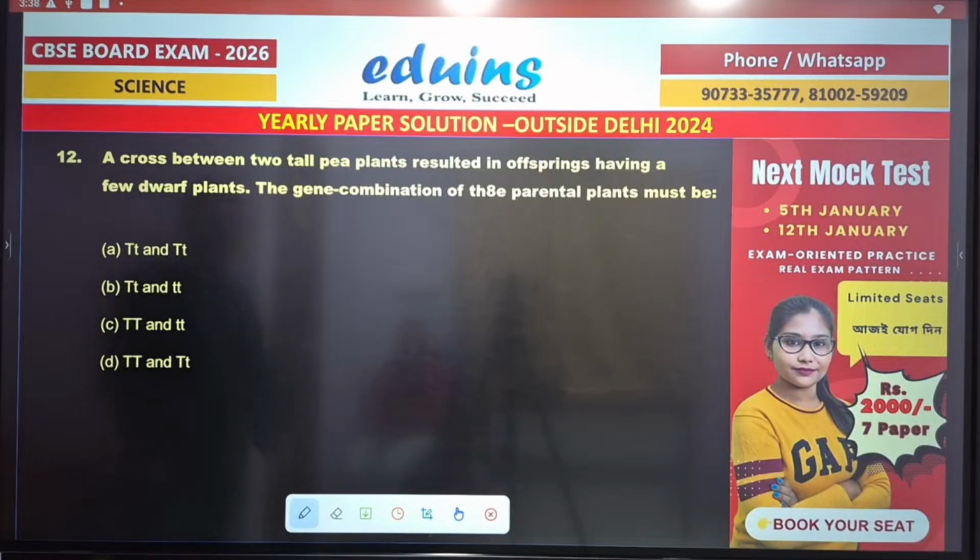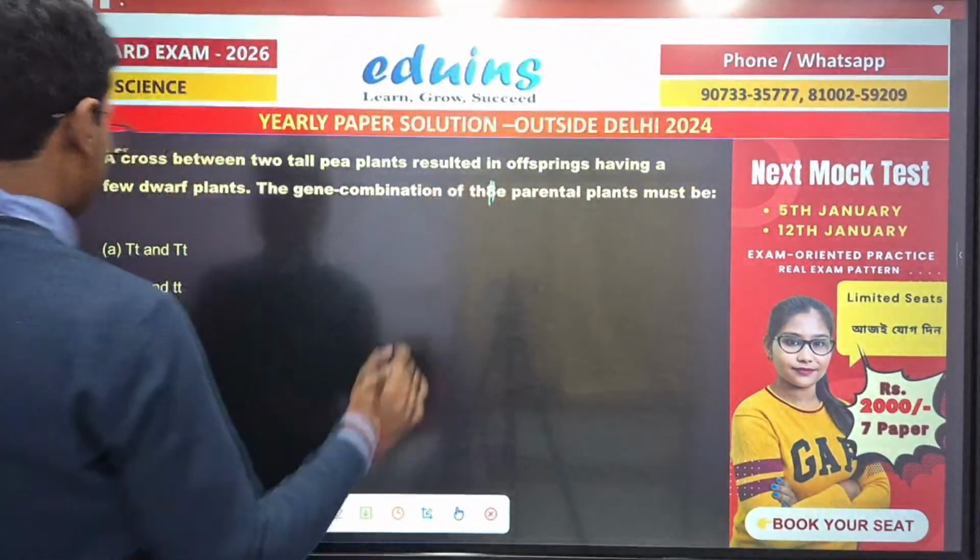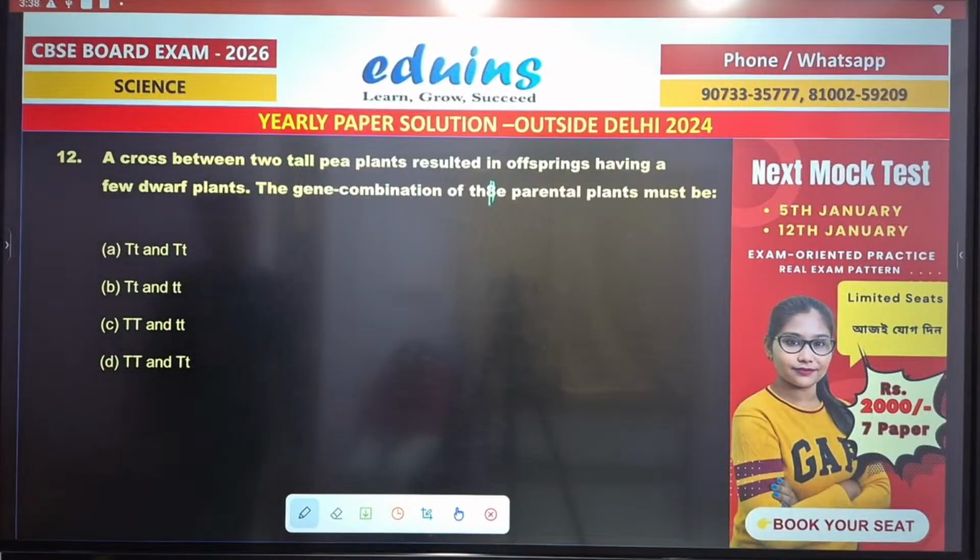The gene combination of the parental plants must be: option A, capital T small t and capital T small t; option B, capital T small t and small t small t; option C, capital T capital T and small t small t; option D, capital T capital T and capital T small t. Which will be the correct option?